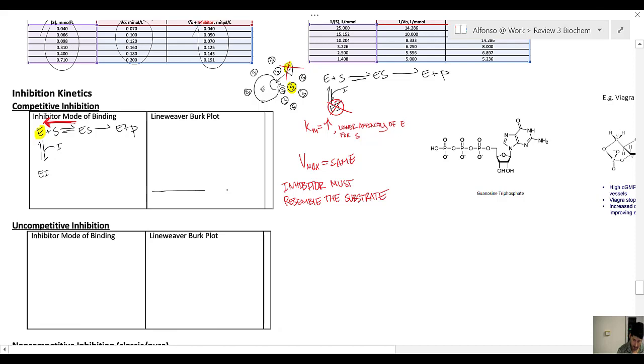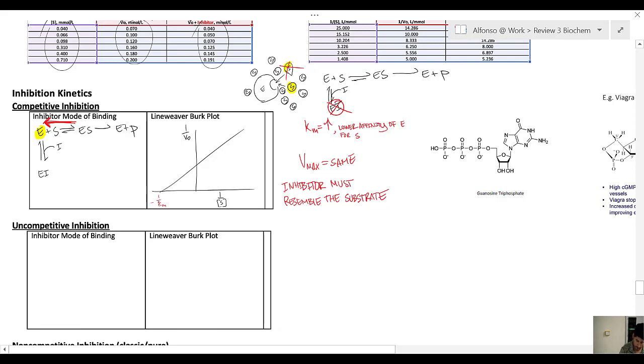All right, so before we move on, let's draw the Lineweaver-Burk plot. So this right here is a Lineweaver-Burk plot, and the x-axis is 1 over substrate concentration, and your y-axis is 1 over initial velocity. If we have this reaction running without any inhibitor whatsoever, this is what the line will look like.